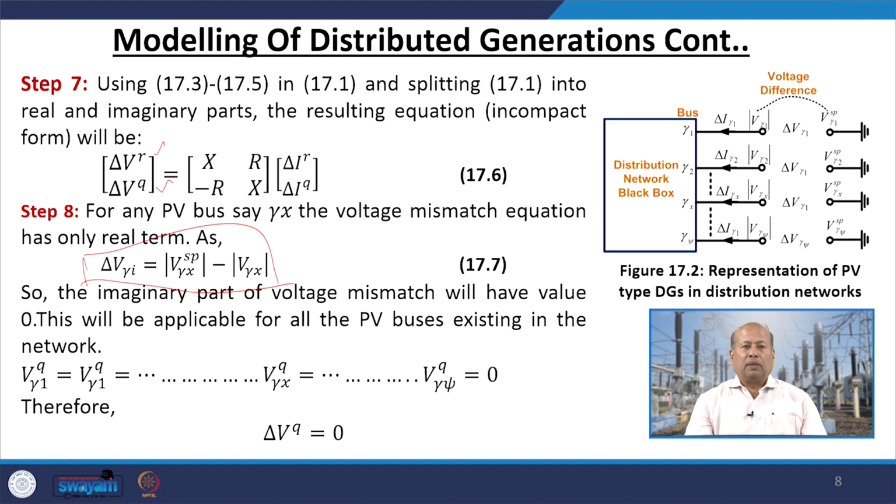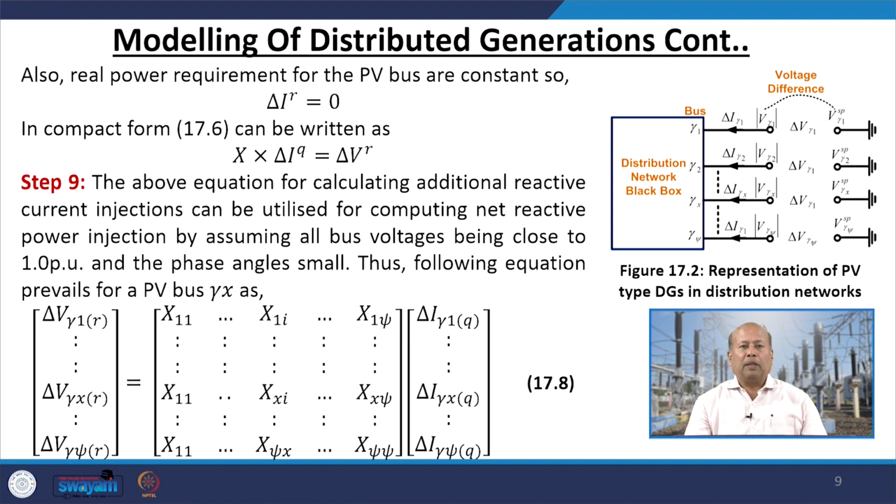This will be applicable for all the PV buses existing in the network, that is gamma 1, gamma x to gamma psi, all are considered to be equal to 0. That means delta VQ becomes 0. Also, the real power requirement for the PV bus is constant.